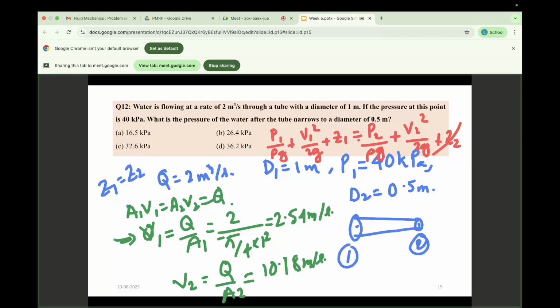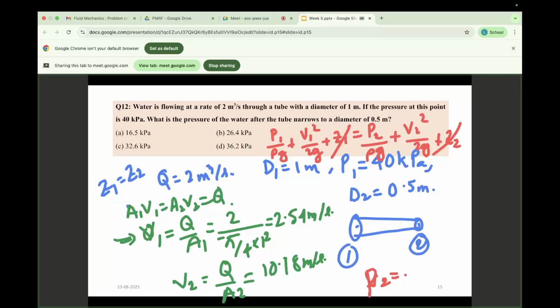As I have said, no details about the datum line are given, so we consider both in the same horizontal line. Already P1 is given as 40 kilopascal. V1 I know, V2 also I know. So putting all these values you can find P2.